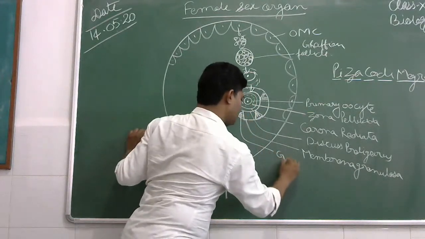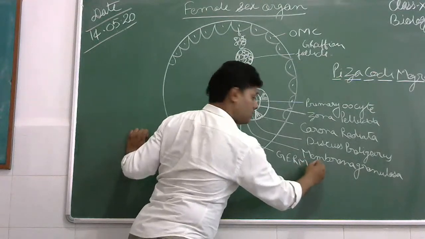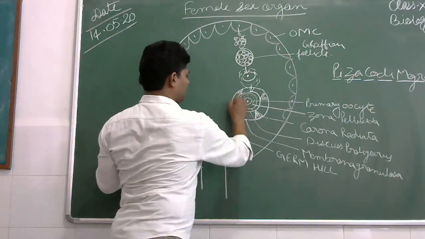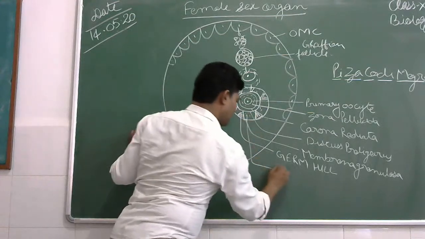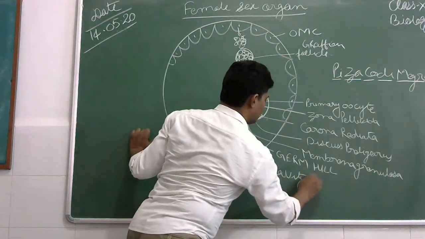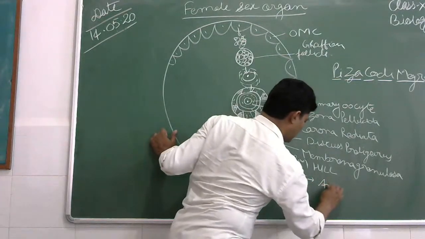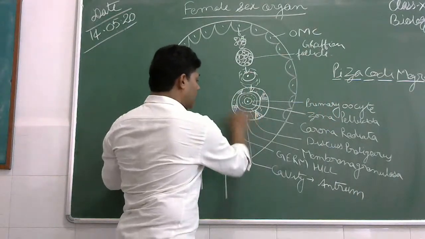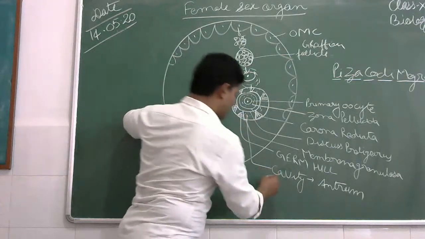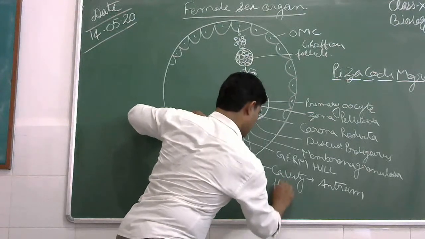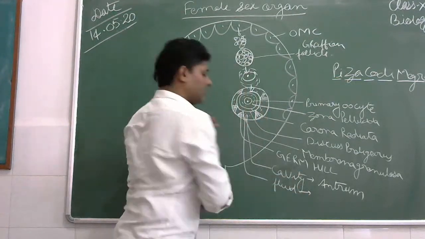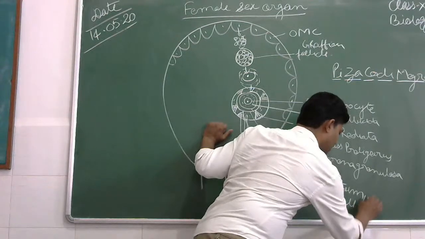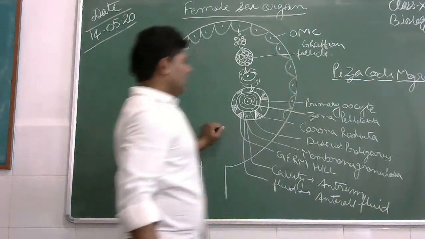They are termed germ, and this cavity is termed the antrum, and the fluid filled in this cavity is termed the follicular fluid, right?